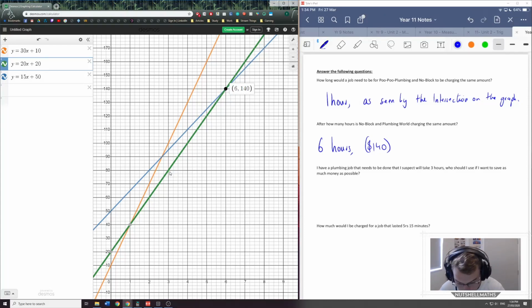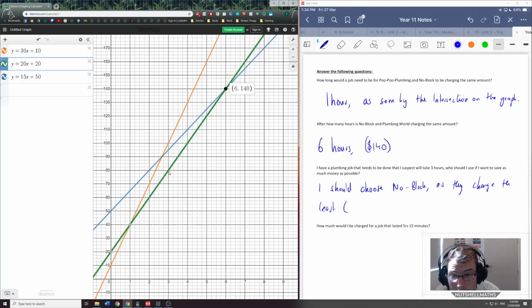I should choose No Block, as they charge the least. We could even say how much it is, $80 for 3 hours work. Big brain.